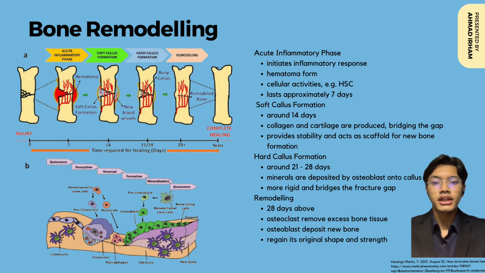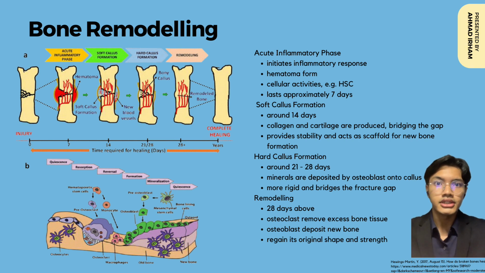And this phase lasts approximately 7 days. The second phase is soft callus formation. Around 14 days, collagen and cartilage are produced in this phase to bridge the gap. The soft callus also provides stability and acts as a scaffold for new bone formation.